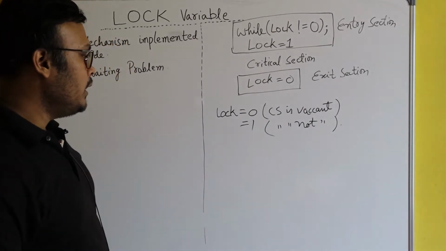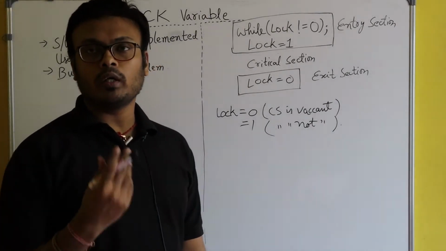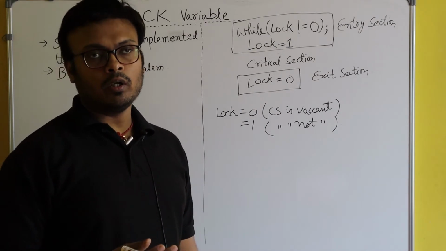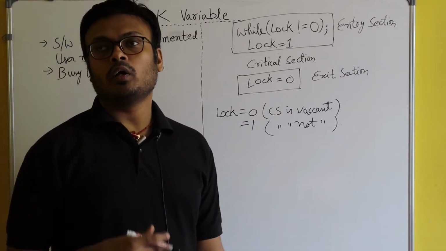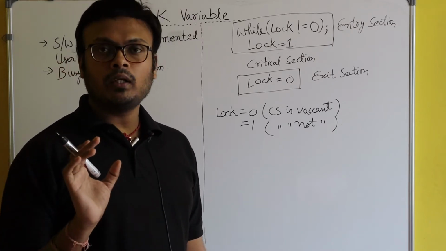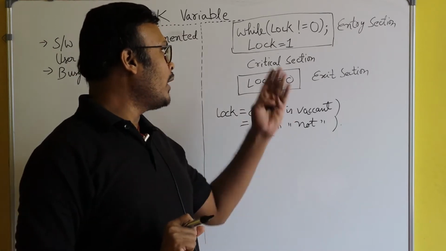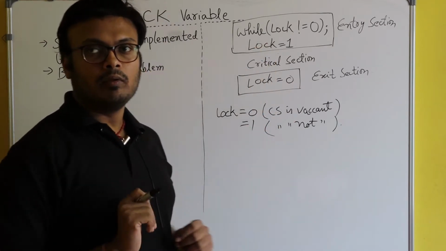Or you can think of it this way: lock equal to 0 means the lock is available, so you can take the lock, and lock equal to 1 means the lock is not available. While explaining this code, everything will become clearer.